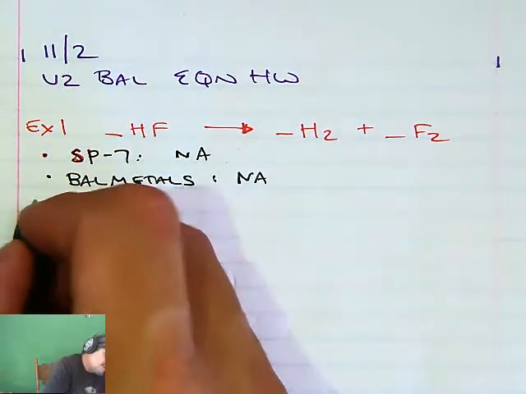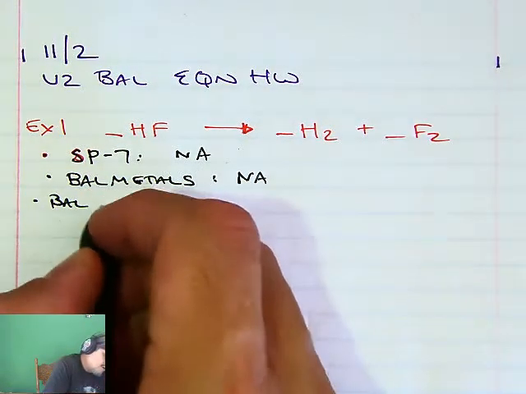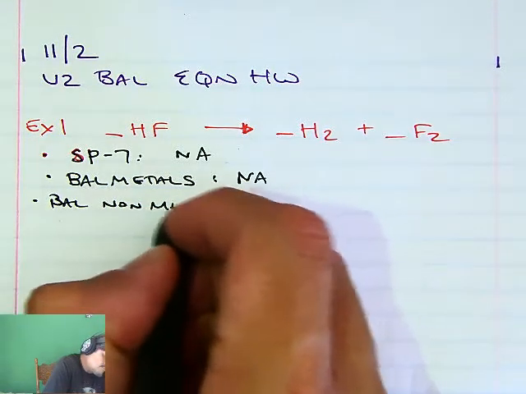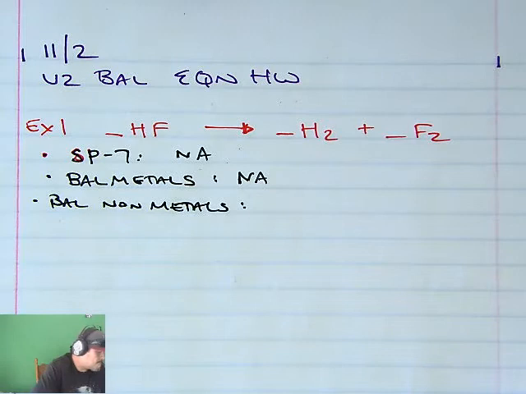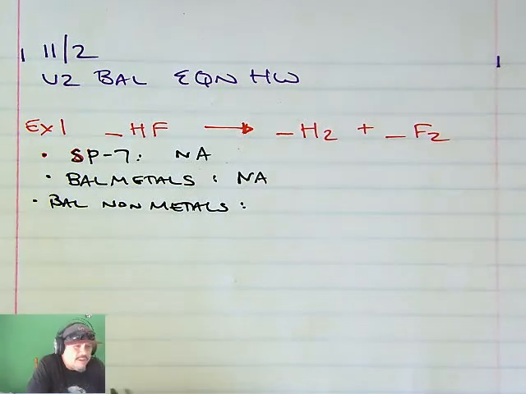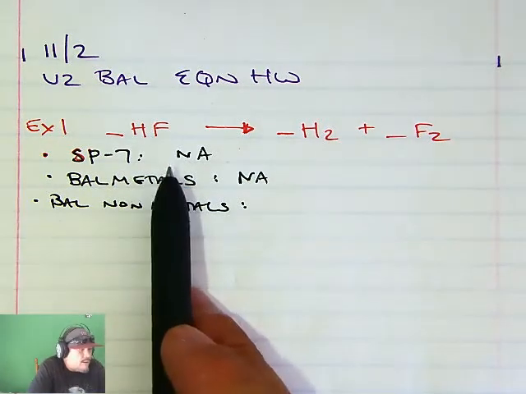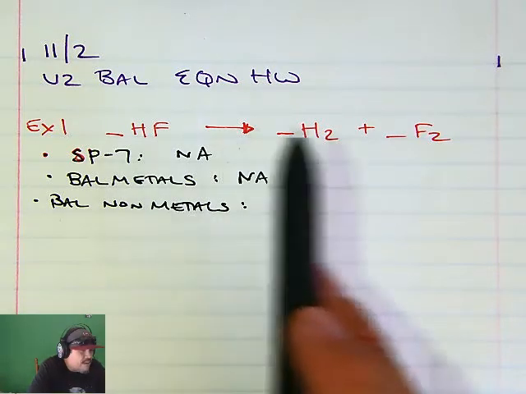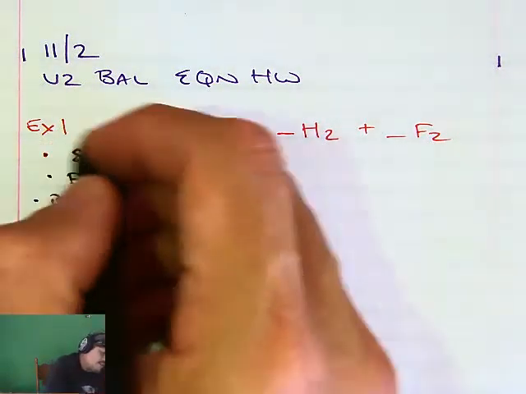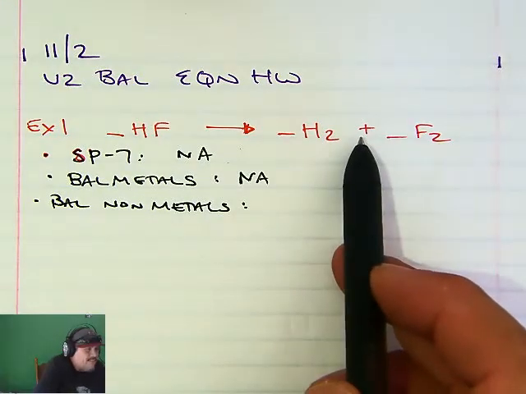Okay, my next step is to balance the nonmetals. And as I look at this, the only nonmetal I see is fluorine. Okay, I have 1 fluorine on this side, I have 2 on this side, so the easy balance, remember, we add to the side that has the least amount.